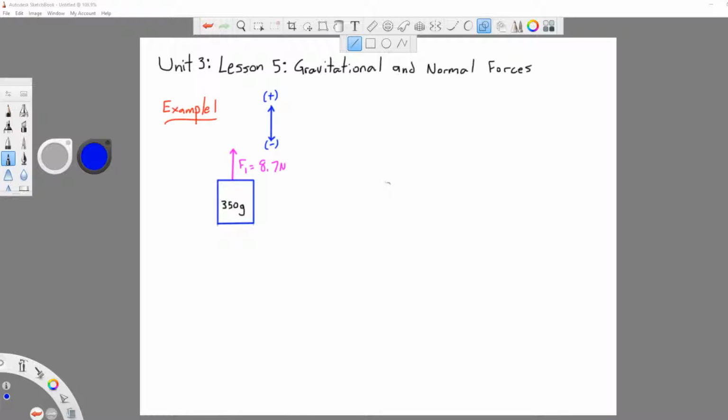So weight's value is given in newtons, and we're going to use the mass of the object, the unchanging value, and multiply it by the acceleration due to gravity in whatever circumstance it is in. So if it's on Earth, we're going to be multiplying the mass by 9.81 meters per second squared, or on that table, newtons per kilogram, which if you work those units out, it's the same thing. And it's going to give us some sort of weight.